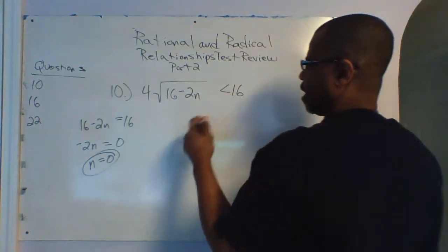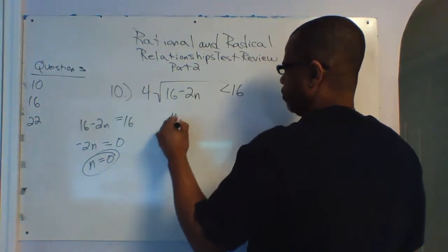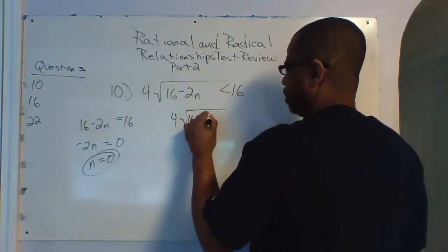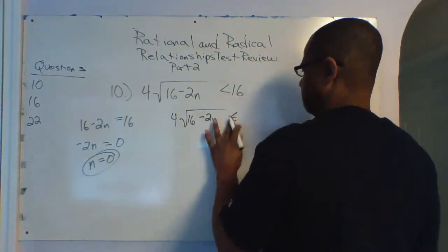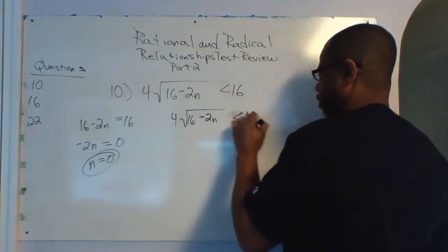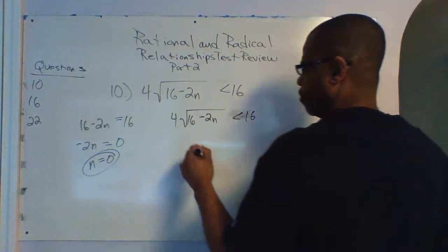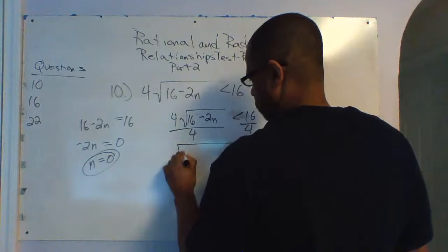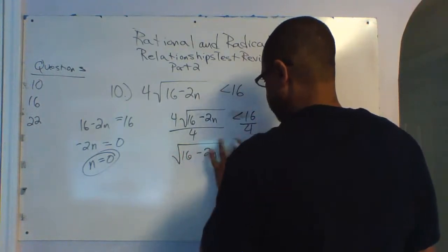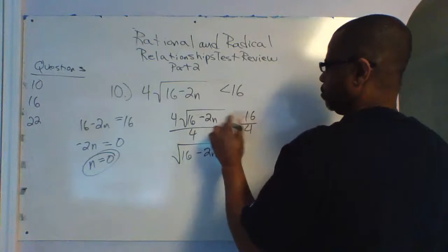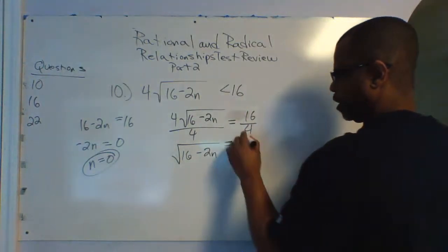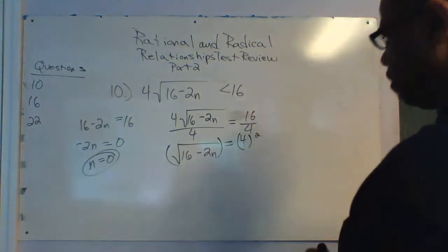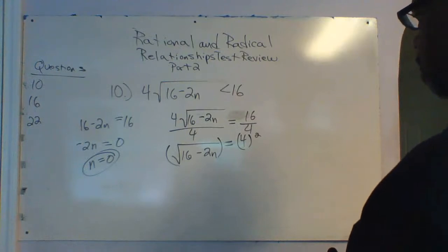So now we have to work this out as is. We have 4 square root of 16 minus 2n, and 16. All right, now we're going to divide everything by 4. We have to make this equal. Then that would be 4. Then we'll square root both sides. Then that will give us, what did I do?